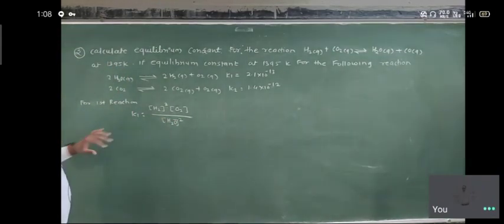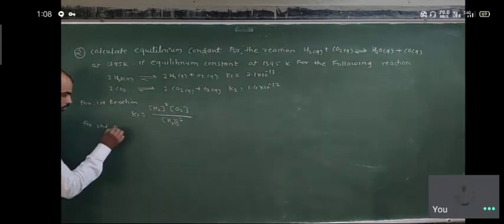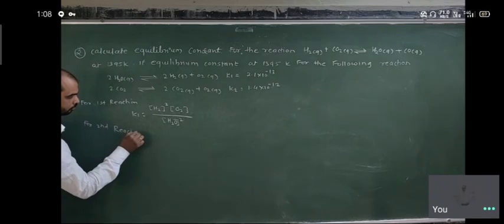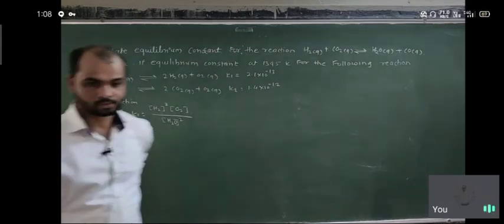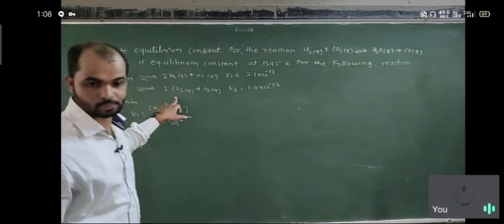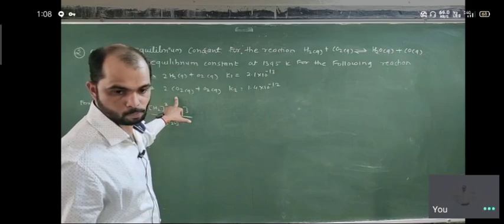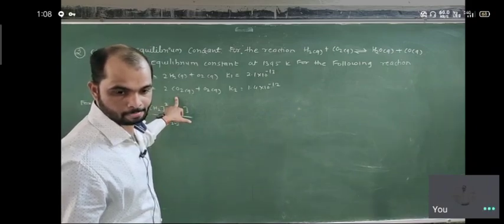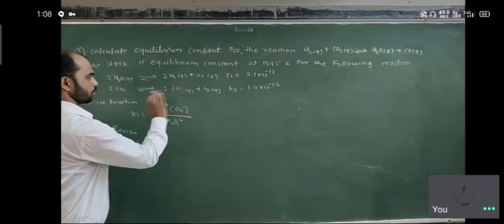For the second reaction, K2 is equal to, and again there is 2CO2 giving 2CO plus O2. Sorry, here it is CO, because the reaction is not balanced.